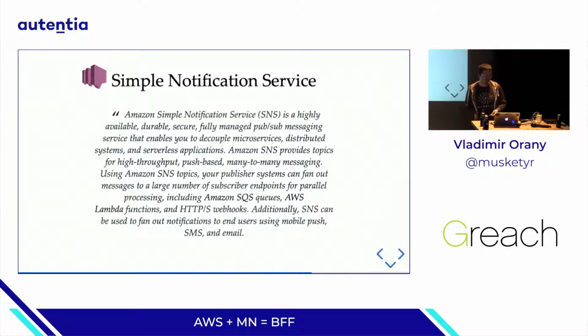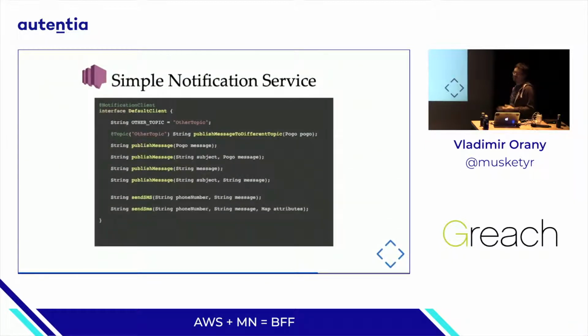Simple Notification Service, and this is going to be kind of a déjà vu section of this session, because it looks exactly the same, most of it. Again, the only major change is you have the notification client, and you can alter the topic, not the queue. But again, you can publish a message as any object which is able to be converted to JSON.